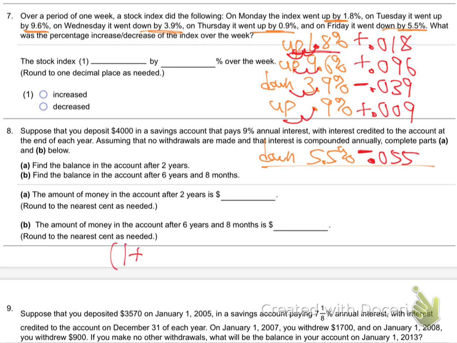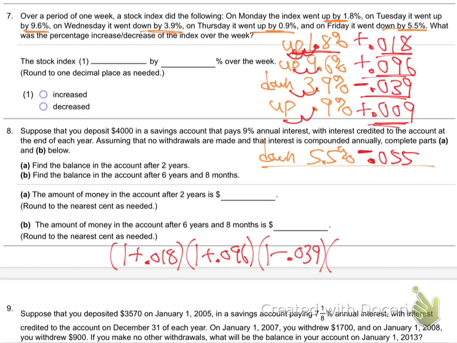You go 1 plus 0.018, 1 plus 0.096, 1 minus 0.039, 1 plus 0.009, and finally 1 minus, I'm running out of room here, 0.055, if you can read that. I should have started further left. But anyway, does everybody see that? Let me squeeze this in a little bit better.